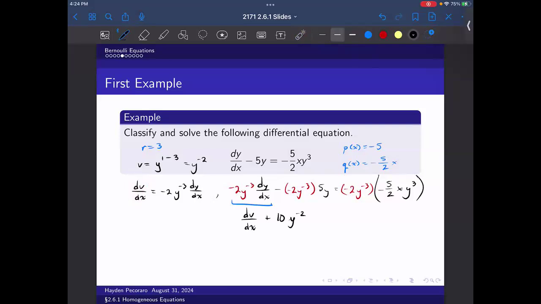And then on the other side, we have that cancellation in the exponents. So we get positive 5x, and that's it. 2's cancel out, negatives cancel out, and then the y to the third cancels out with y to the minus third. Okay. And very last thing is that we didn't need to write y to the minus 2 there because that's v. So our differential equation is dv dx plus 10v equals 5x, which is linear in v.